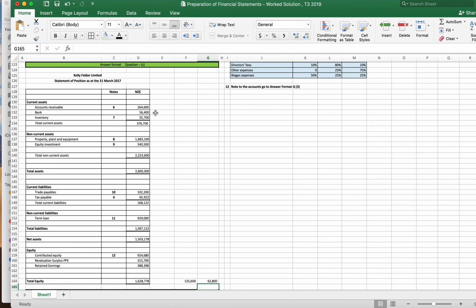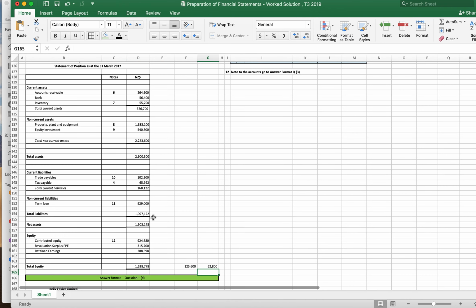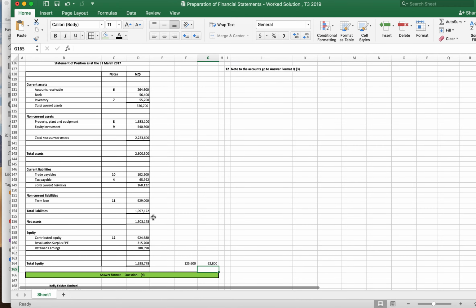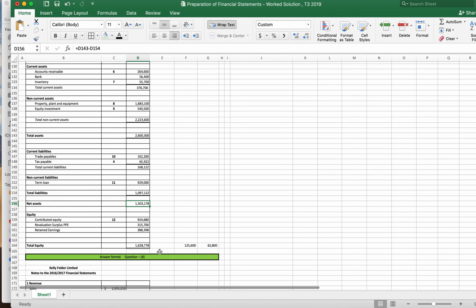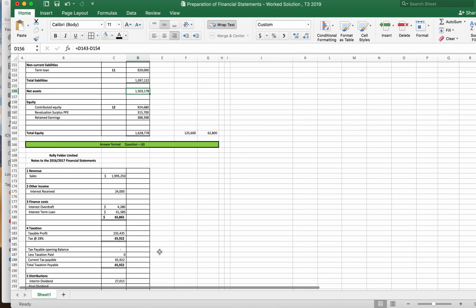Accounts receivable, bank, inventory, property, equity investment, total assets, trade payables, tax payable, total current liabilities, term loan, total liabilities, net assets, equity, 62,862.